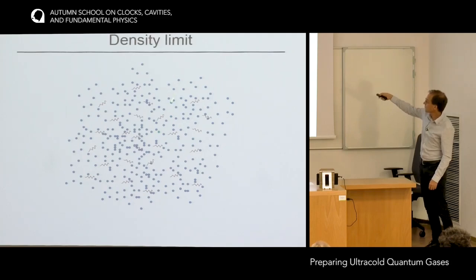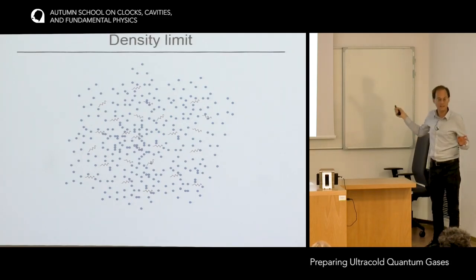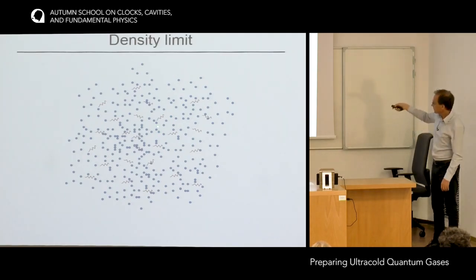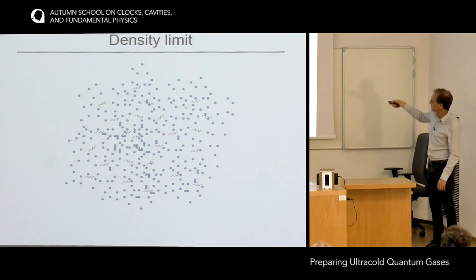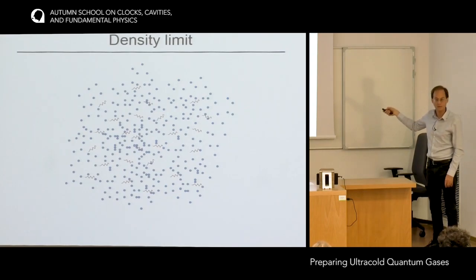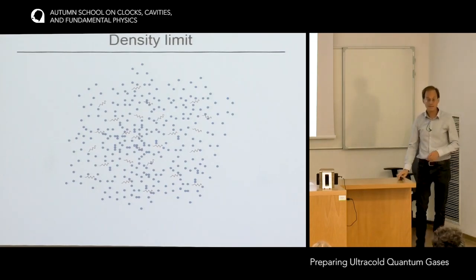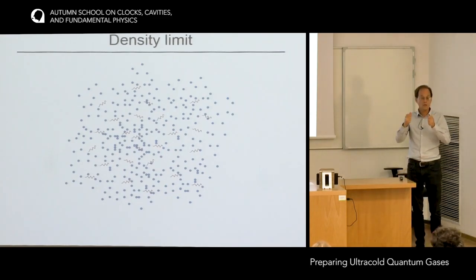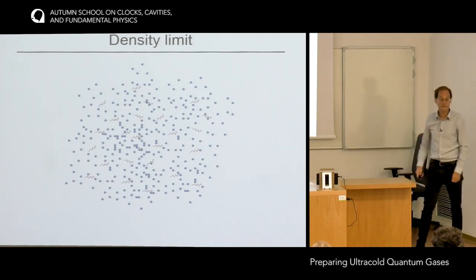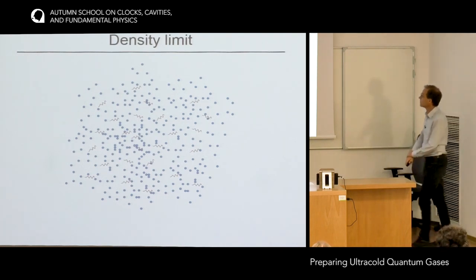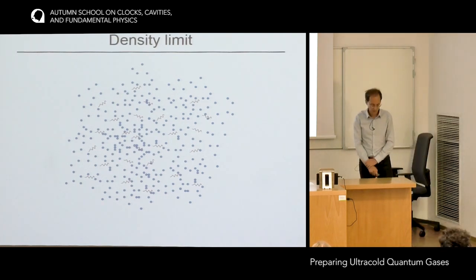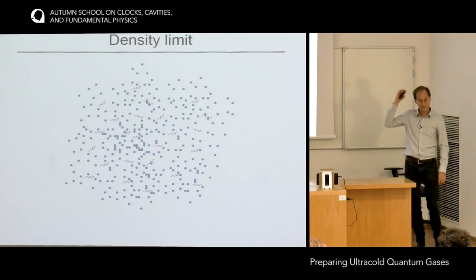And this scattered photon doesn't just disappear afterwards. There's a decent probability that this photon is absorbed by some neighboring atom in the cloud and scattered again. This effectively gives rise to a repulsive force between the atoms in the cloud. So you do have a limit on the density as well. So it's not so easy to reach Bose-Einstein condensation under these conditions.